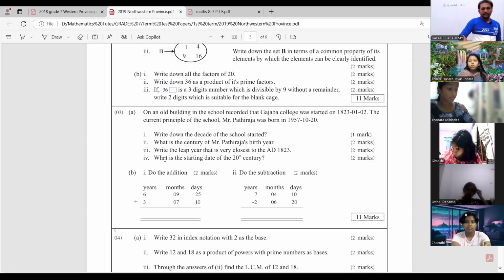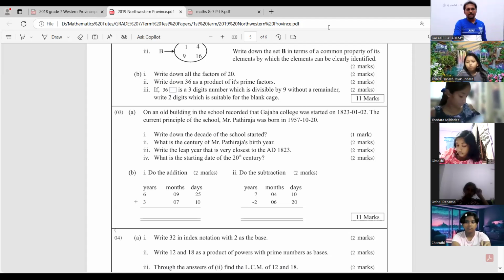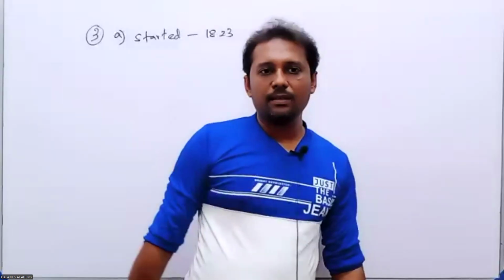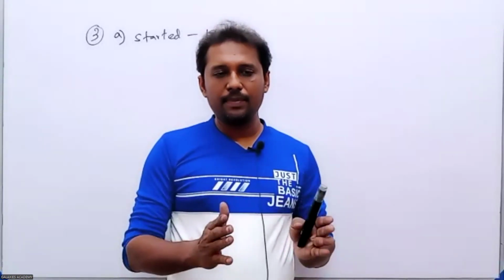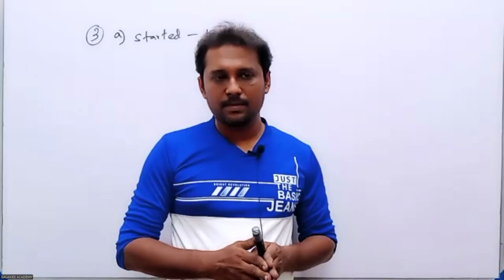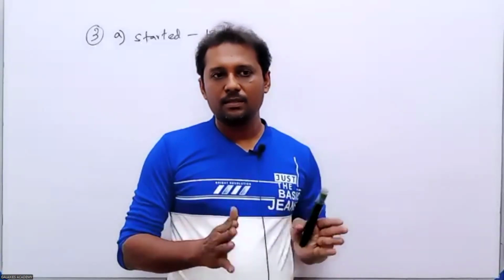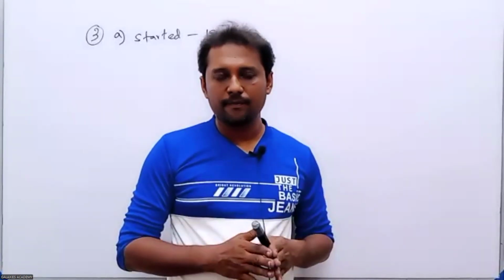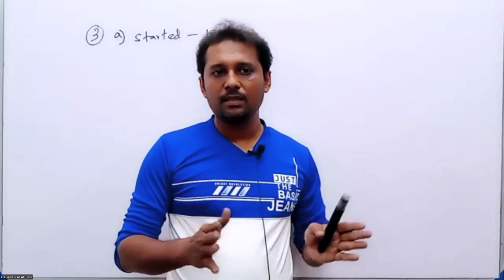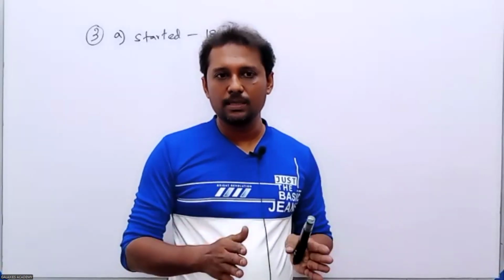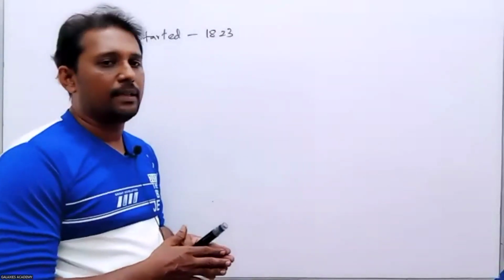A decade means a time period of 10 years. A century means a time period of 100 years. A millennium means a time period of 1000 years. So you have to find the decade.